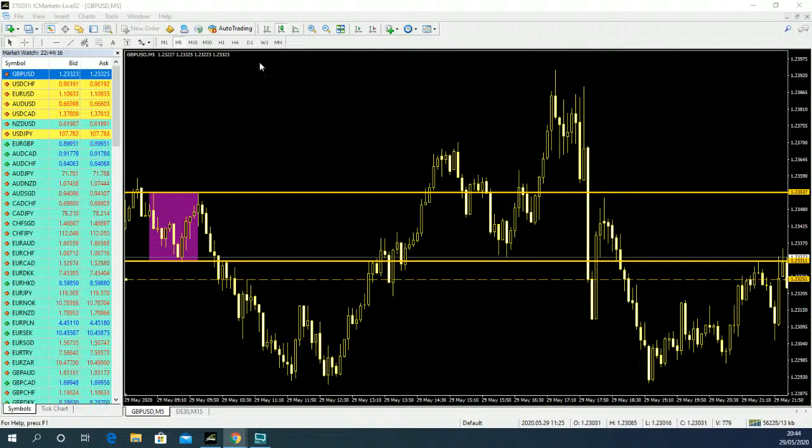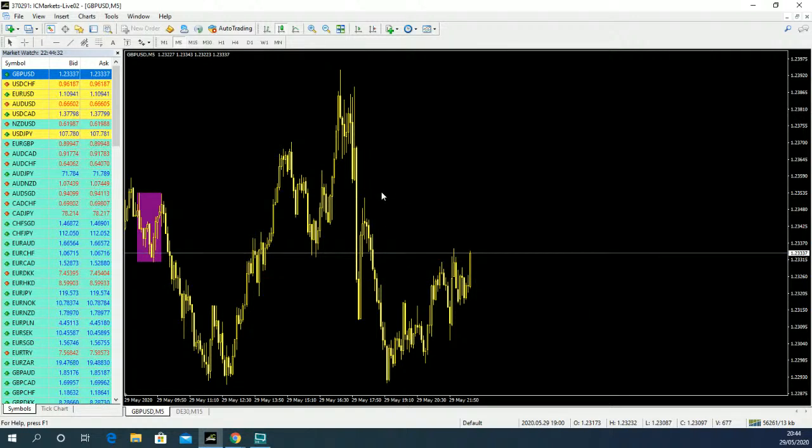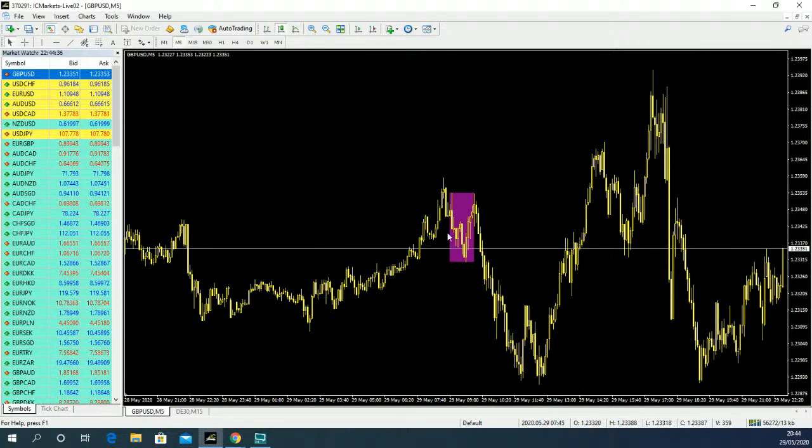Let me tell you how to back test this strategy. Let me remove this line here, and these 2 lines. So this is 5 minutes to back test it. You just have to look at it visually.